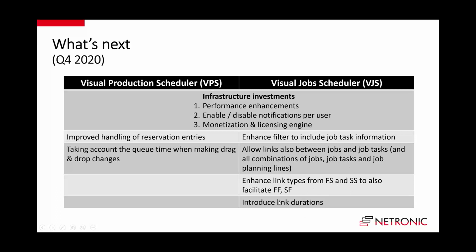And in order to make it complete, we will also introduce link duration, so that you can say, okay, between the end of this job planning line to the start of the next job planning line, there should be a delay of 10 days. Or you can say, if it is a start relation, between the start of this and the start of the other one should be a delay of 3 days.